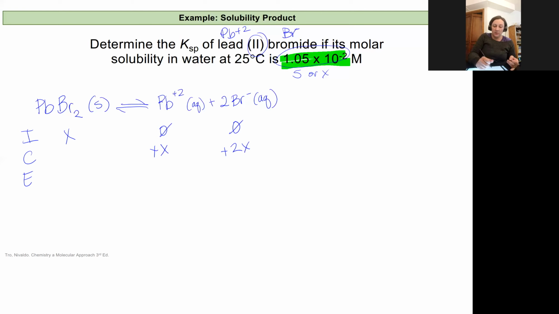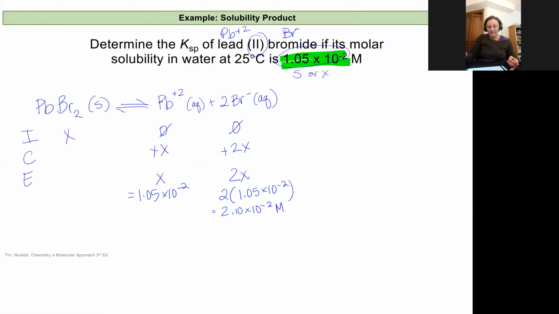At equilibrium, if this is X and 2X, that's 1.05 times 10 to the -2 for our lead, and 2 times our 1.05 times 10 to the -2 for our bromide ions. So that 2 times 1.05 will give me 2.10 times 10 to the -2 molar.